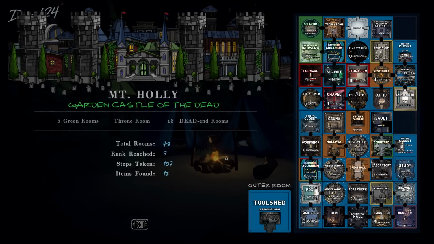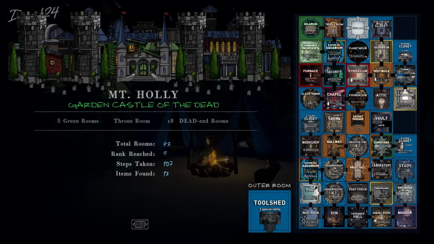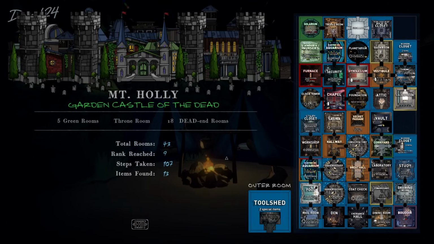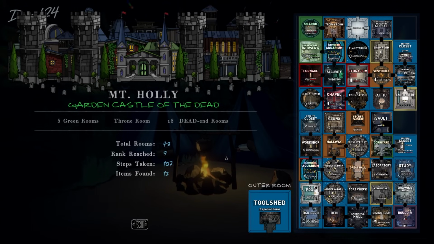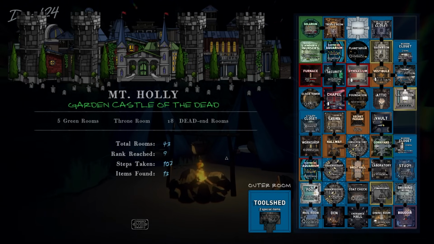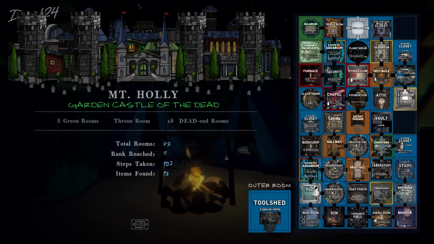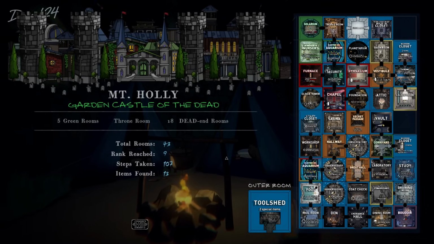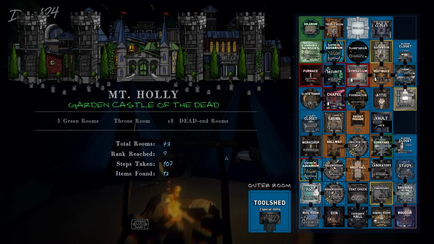That actually is a good idea. Use the Blessing of the King to focus on green days, maybe even get the scepter and set it to green so I can focus on getting the watering can, because that can show up in those rooms.